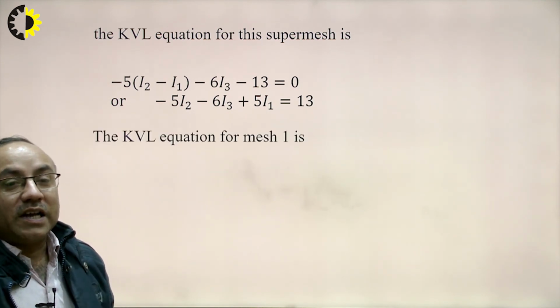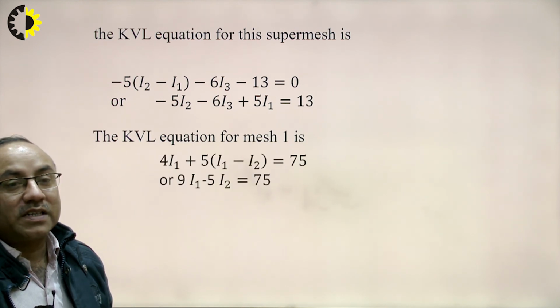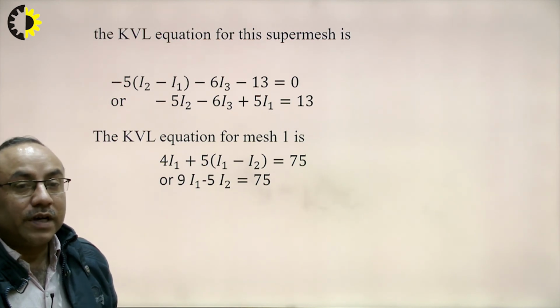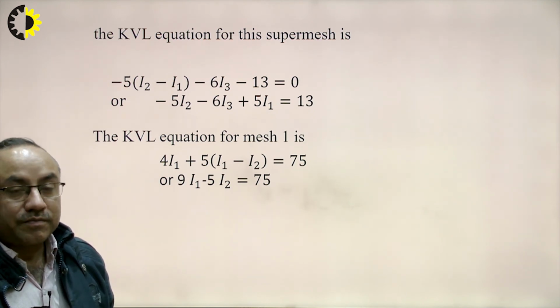Next, the KVL equation for mesh 1 is written as 4 I1 plus 5 into (I1 minus I2) equal to 75, or 9 I1 minus 5 I2 equal to 75.